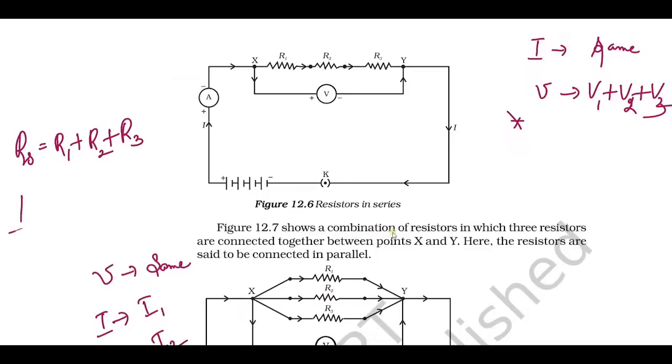In case of parallel, it is 1 by Rp equals 1 by R1 plus 1 by R2 plus 1 by R3. When the resistors are connected in series, the effective resistance is what? R1 plus R2 plus R3. When it is connected in parallel, the effective resistance is 1 by Rp equals 1 by R1 plus 1 by R2 plus 1 by R3.